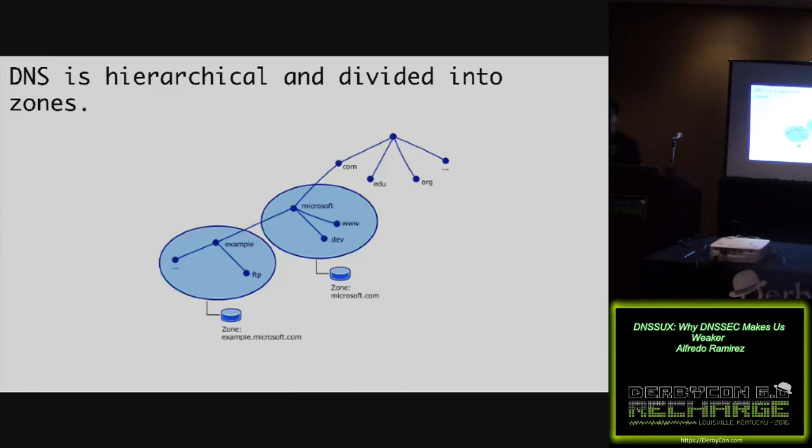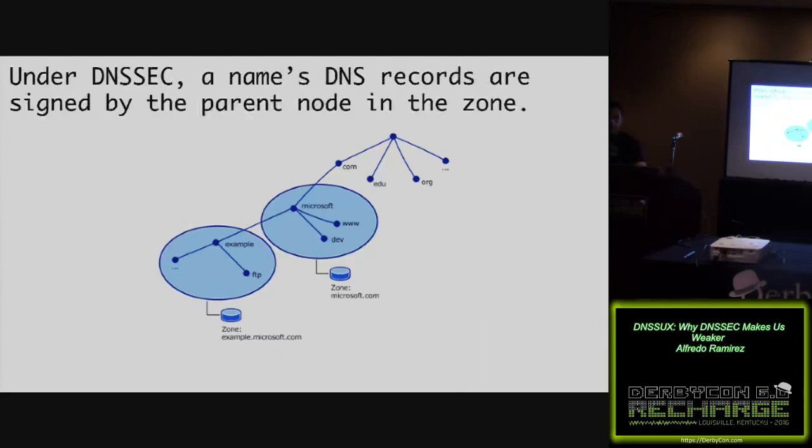And those are your TLDs, which are .com, .edu, .org, and so on and so forth. And then that follows down naturally, right? Where you have Microsoft.com, that's a new zone, and then everything below that, like ftp.microsoft.com, is its own zone. And so in DNSSEC, a record is always going to be signed by the parent zone.